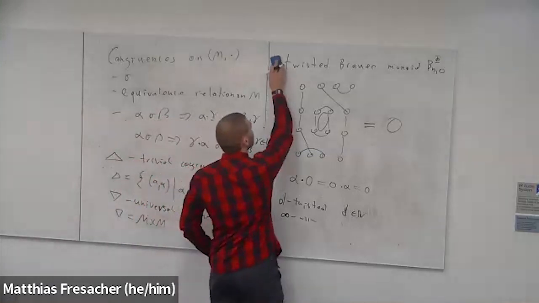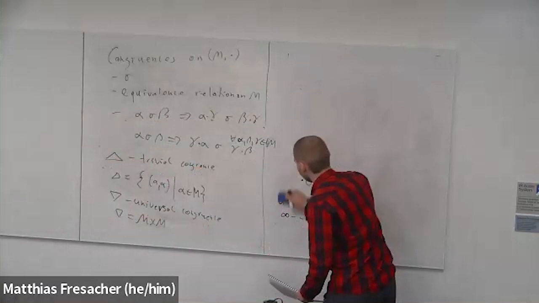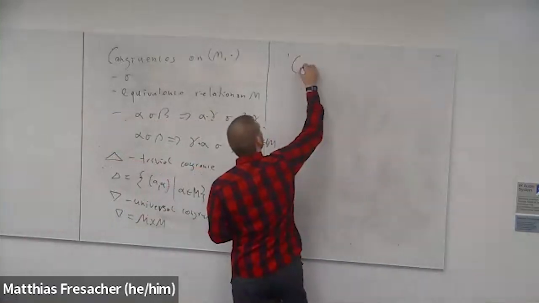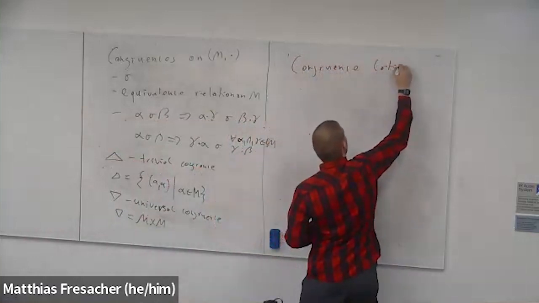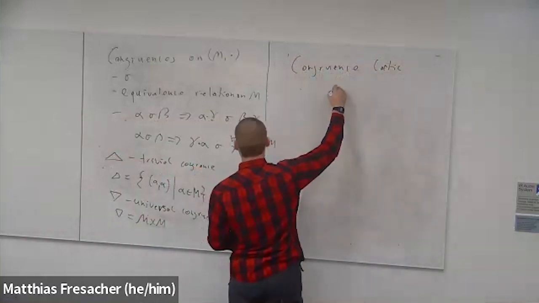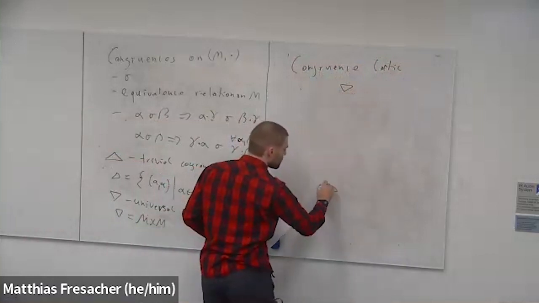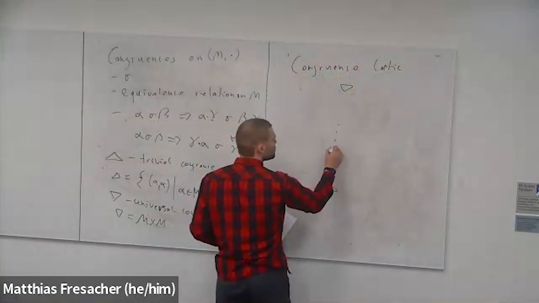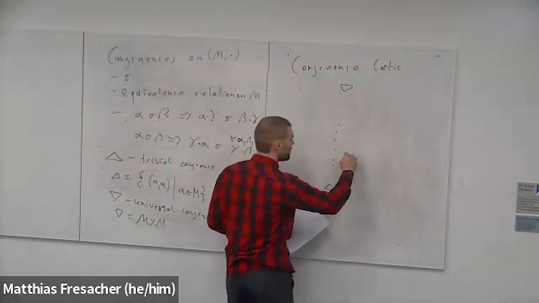So let's put that up. A congruence lattice. We always have the universal congruence at the top, the trivial congruence at the bottom, and then we would have all sorts of different congruences sitting in here, which are going to be subsets of each other.